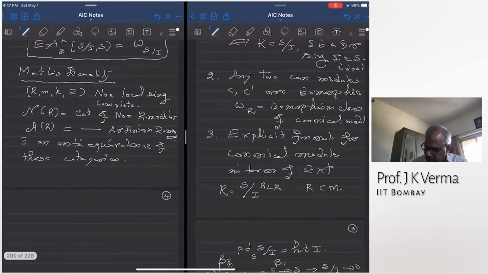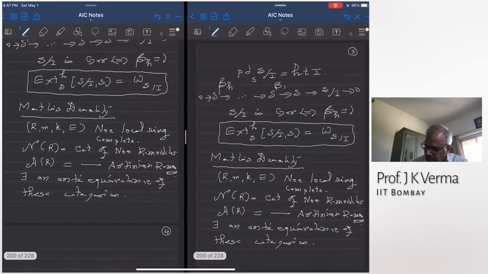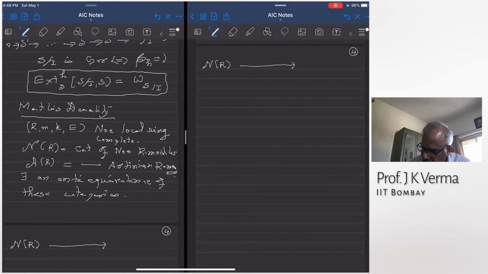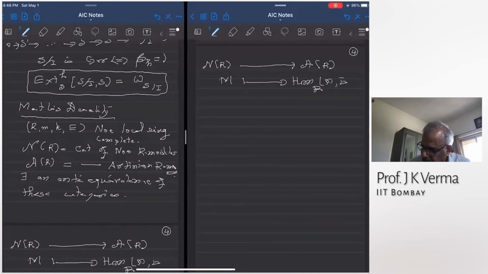Okay, so this functor is established by taking Hom into the injective hull. So on one side, we have all the Noetherian modules over these complete local rings, and we want to produce an Artinian module from a Noetherian module. So take this Noetherian module M and map it to Hom_R(M, E). E is the injective hull of the residue field. We will write this as M check. Okay, M check.